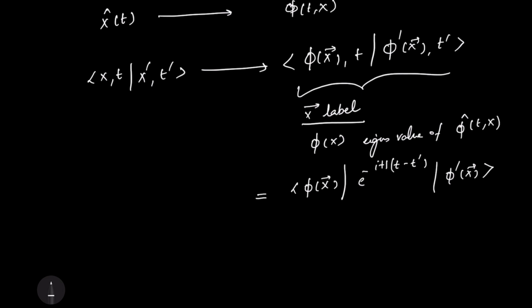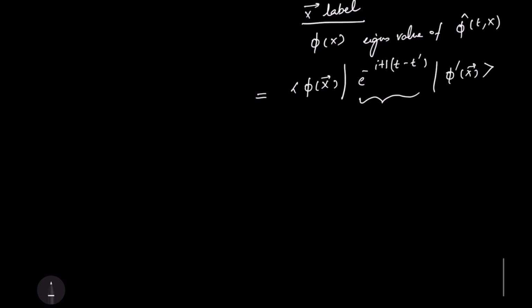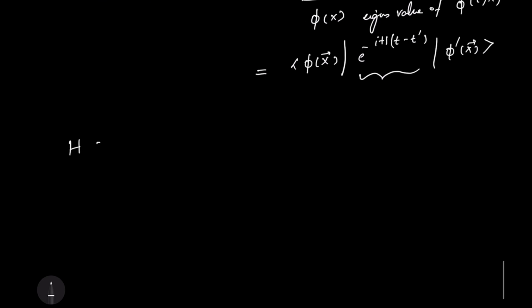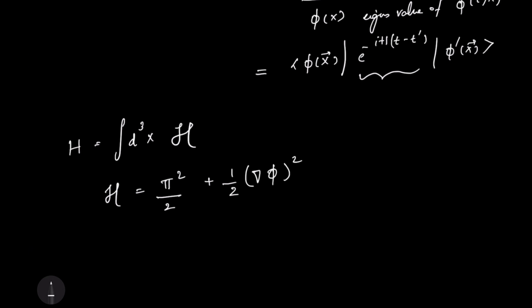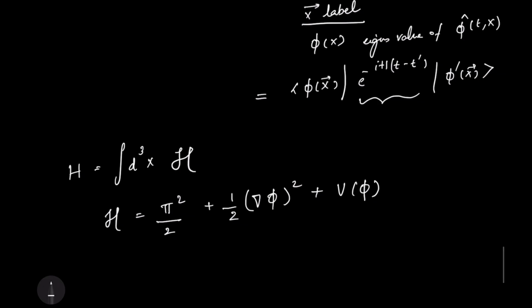Here I am splitting the path into many infinitesimal segments of time intervals and then integrating over them. So the total Hamiltonian H will be the volume integral of the Hamiltonian density. The Hamiltonian density is pi squared by 2 plus half (del phi) squared plus V of phi. So plug this Hamiltonian in the exponential and repeat the same procedure.